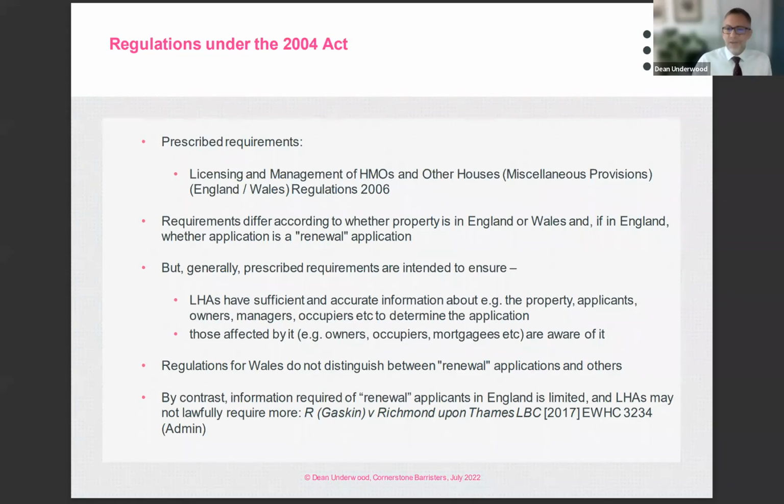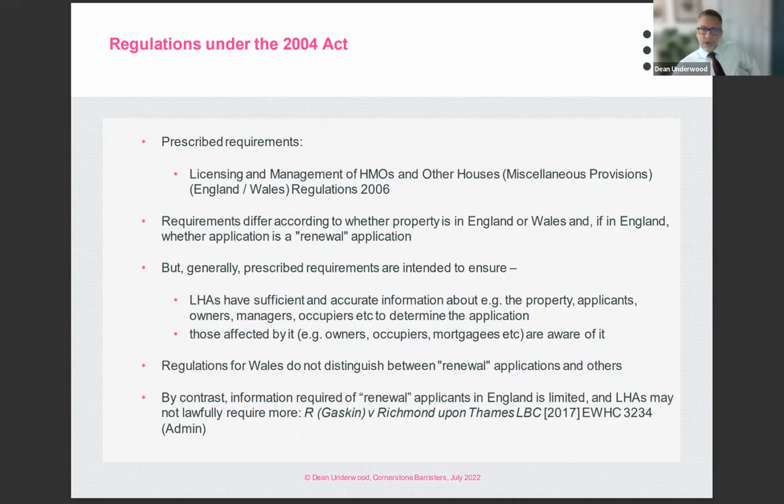The requirements differ according to whether a property is in England or Wales, and if it's in England, whether or not the application is a so-called renewal application, and more on that in a moment. I don't intend to go through the prescribed requirements in any detail for fear either of losing you or sending you to sleep in the heat.